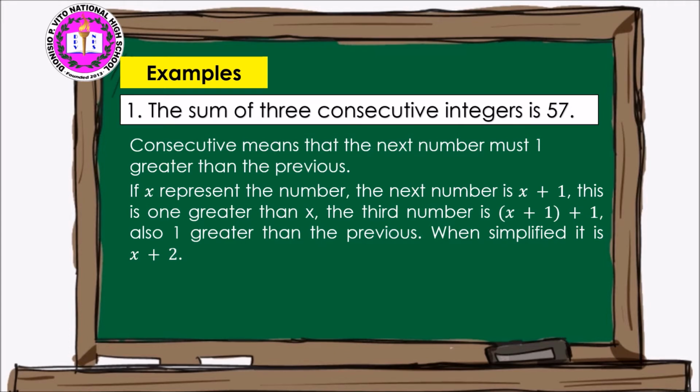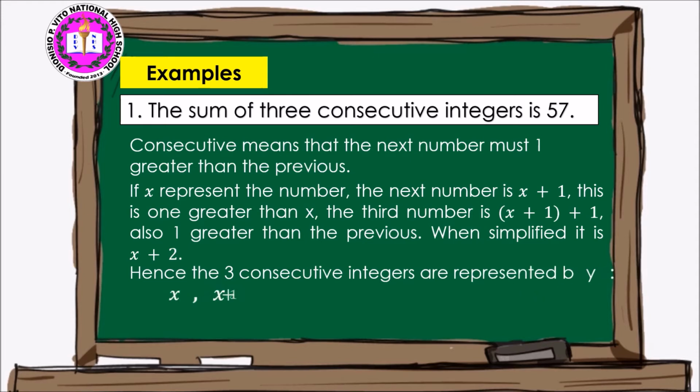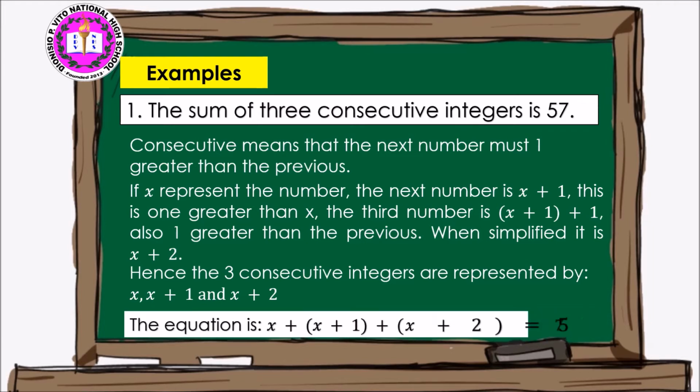The third number is x plus 1 plus 1, also 1 greater than the previous. When simplified, it is x plus 2. Hence, the three consecutive integers are represented by x, x plus 1, and x plus 2. The equation is x plus x plus 1 plus x plus 2, which is equal to 57.